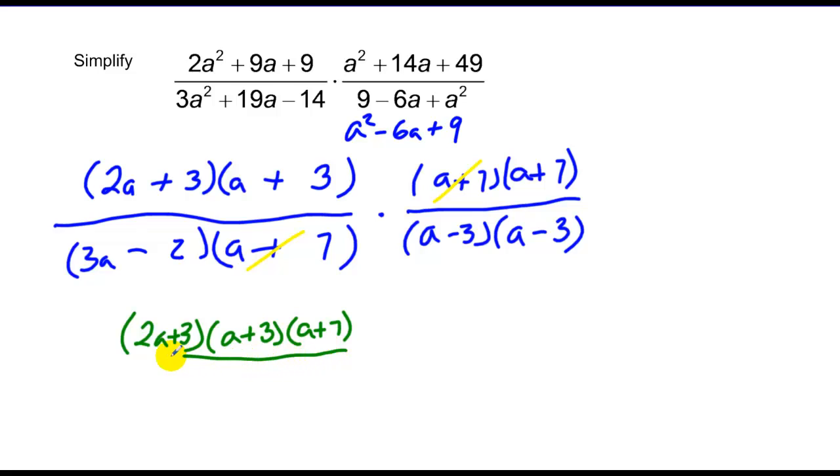No need to multiply all this out. 3a minus 2, a minus 3, and a minus 3, and we can call it done.